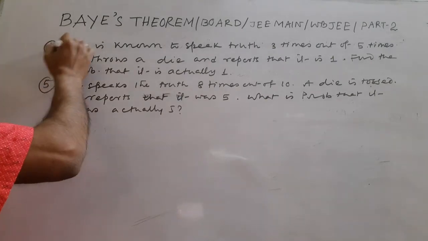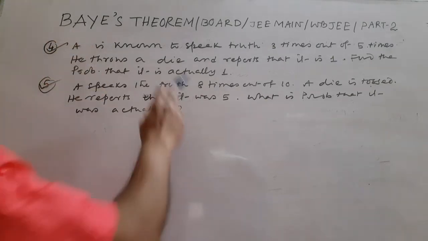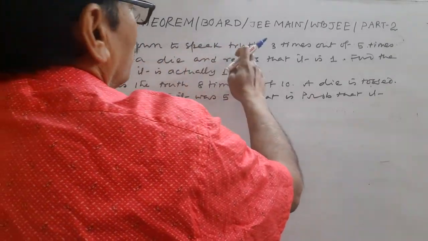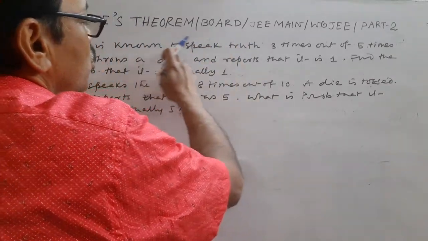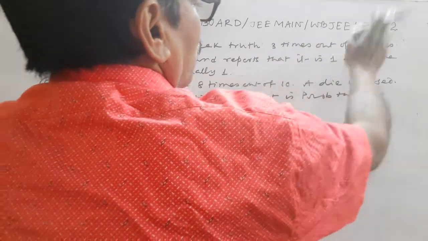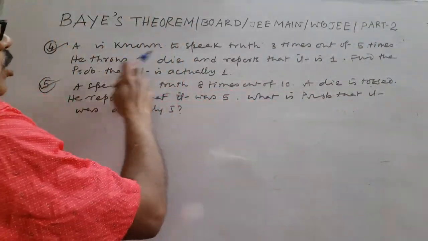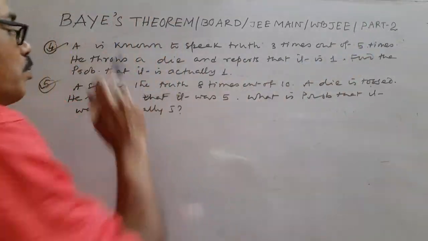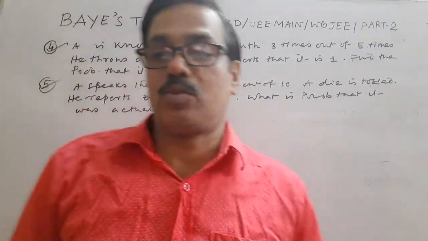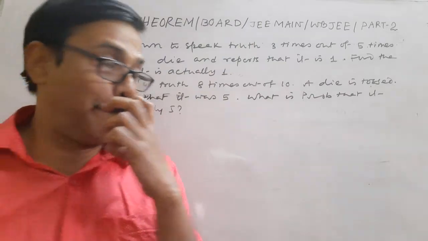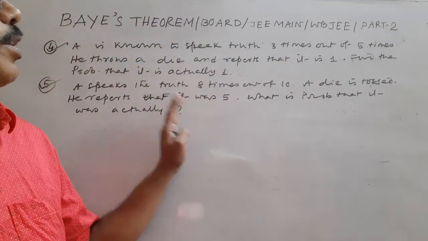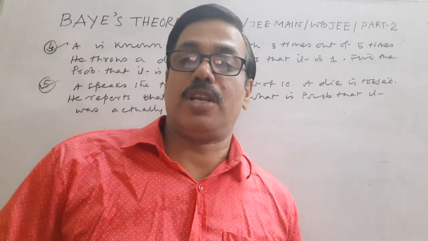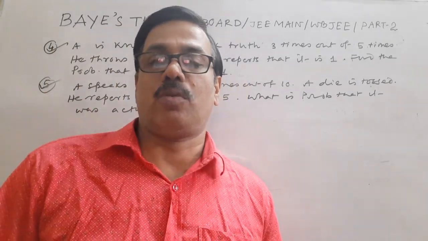So 4 and 5. A is known to speak truth 3 times out of 5. He throws a die and reports that it is 1. Find the probability that it is actually 1. So this is an important problem for board as well as JEE Main and WBJEE.